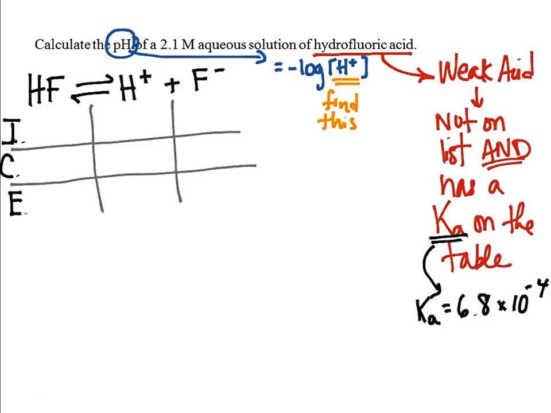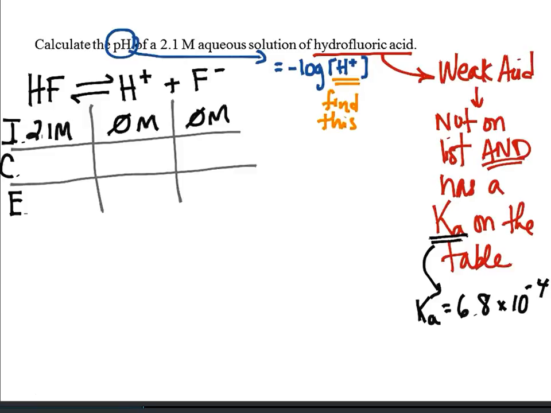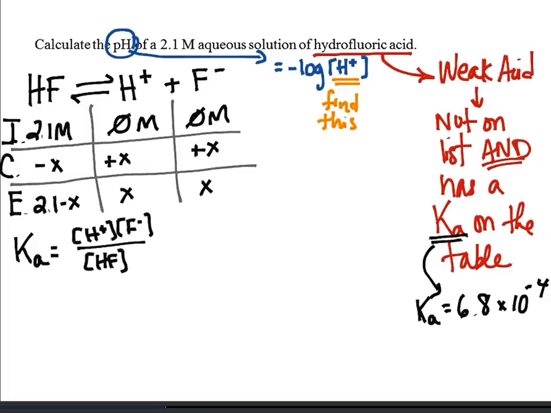We're going to put 2.1 molar in for the initial concentration of HF, 0 molar for H plus and F minus. We're going to lose some value X of HF, and we're going to gain the same value X on the right-hand side for both products, which means our equilibrium expression for all of them is 2.1 minus X and X and X. We're going to plug them into the Ka expression for hydrofluoric acid, which is given here.